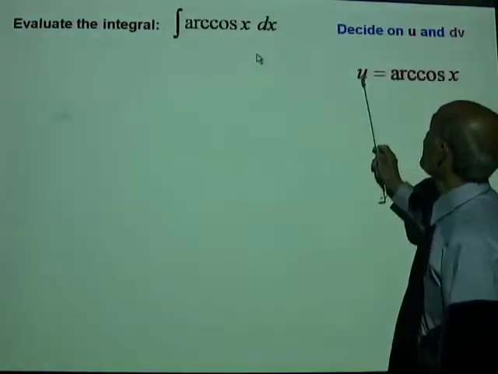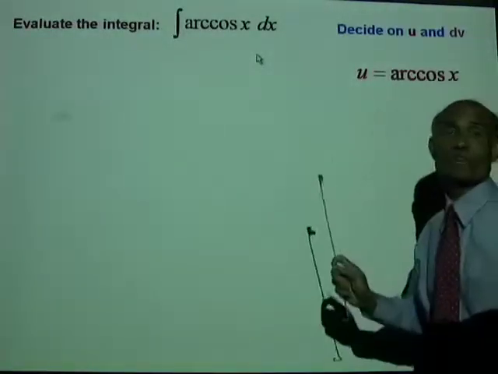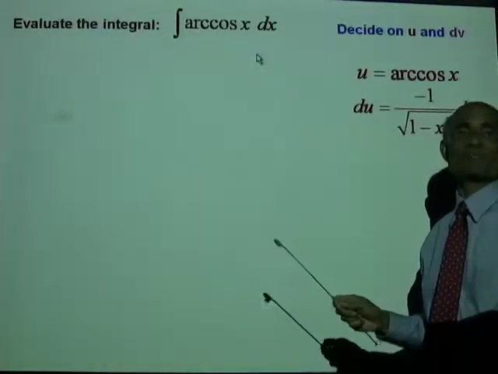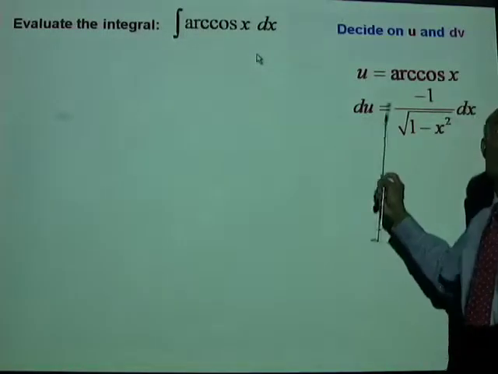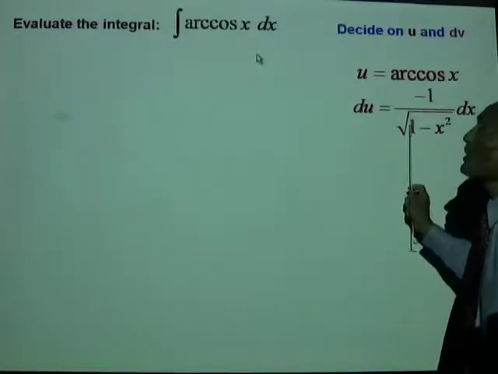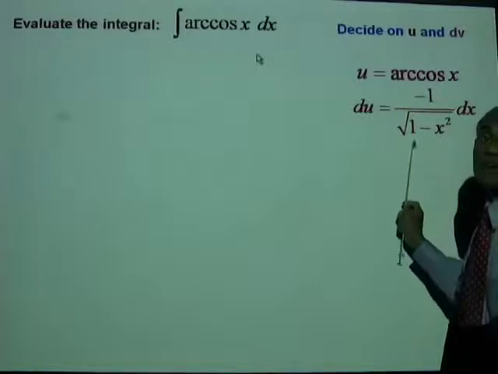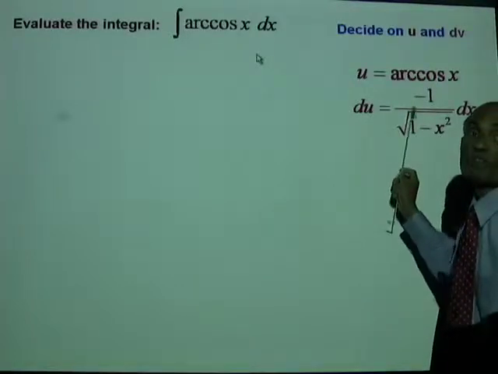So we have u equal to arc cos x. What is the derivative of arc cos x? The derivative of arc cos x is negative 1 over square root 1 minus x squared. If you've forgotten it, you've got to go back and refer to it.